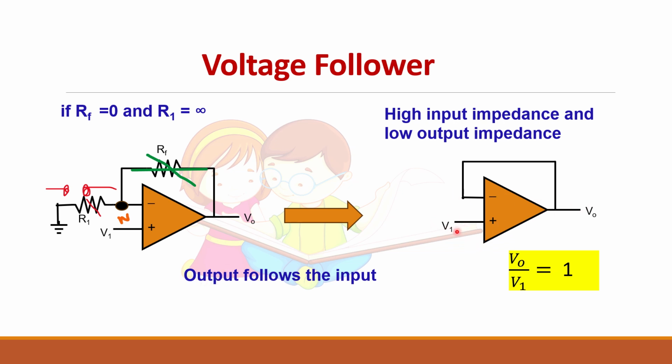If input changes, the output will also change. So this circuit is called a voltage follower. We can also say the gain is unity here. Gain is equal to 1, so it is also called a unity gain amplifier.